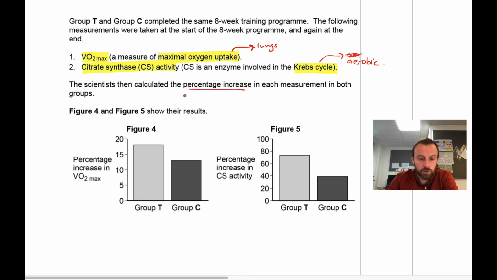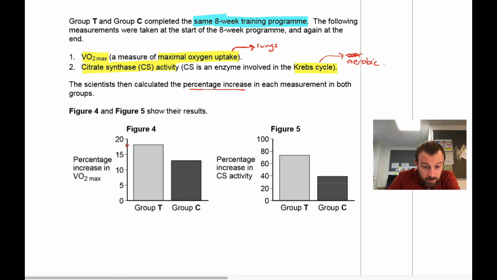Okay, so group T, 8-week training program, the same 8-week program. Okay, cool. So basically VO2 max has gone up more and citrate synthase has gone up more.